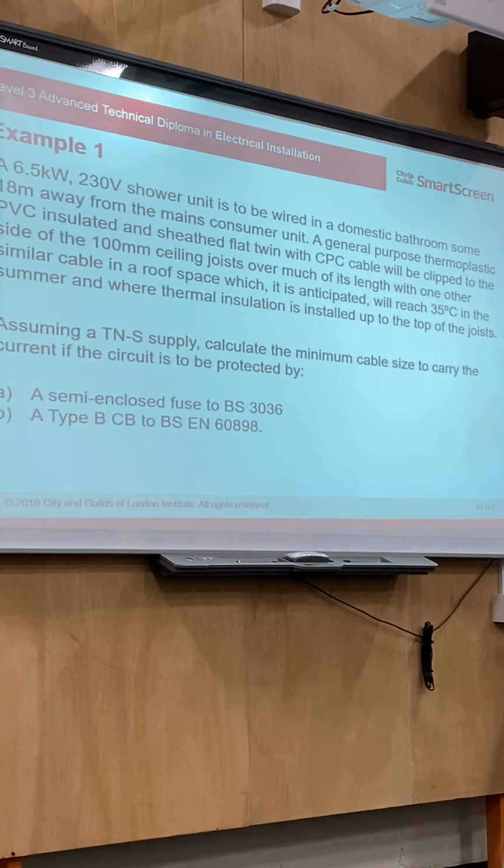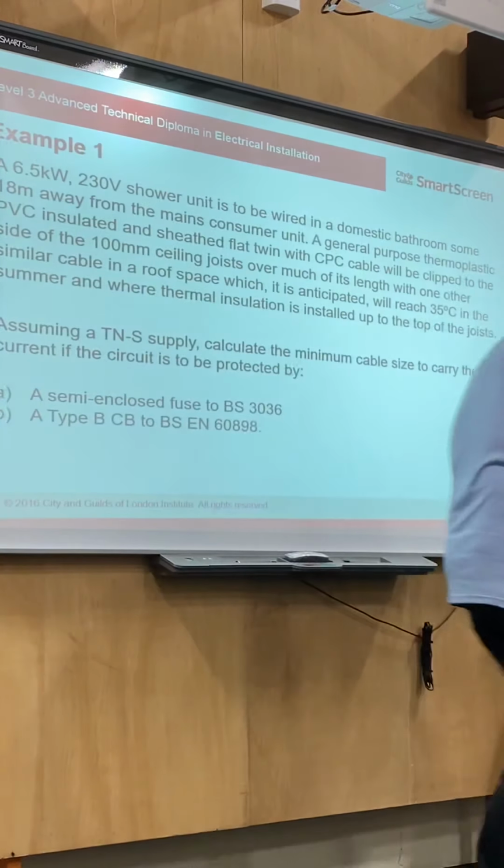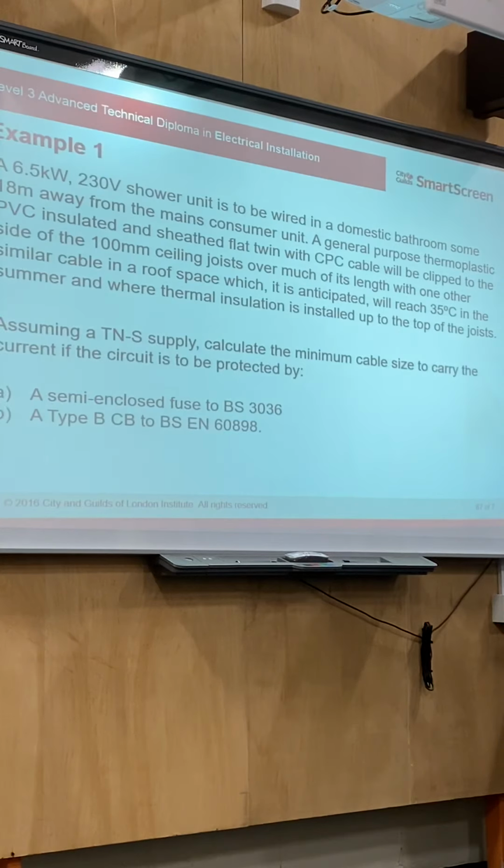One 32 amp fuse wire, yeah? It's fuse wire, isn't it? I can't remember what fuse wire. It's 30 amp, isn't it? Been a while since we had a fuse wire.